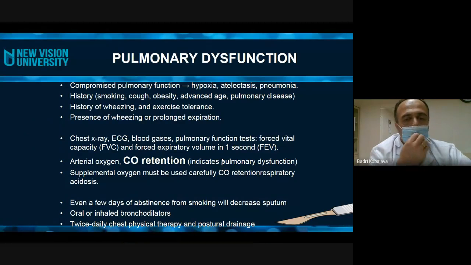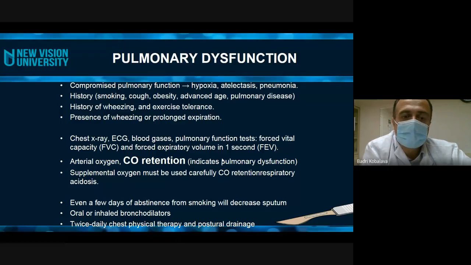So what can depress the pulmonary function? There are many conditions, but a very common condition is smoking.